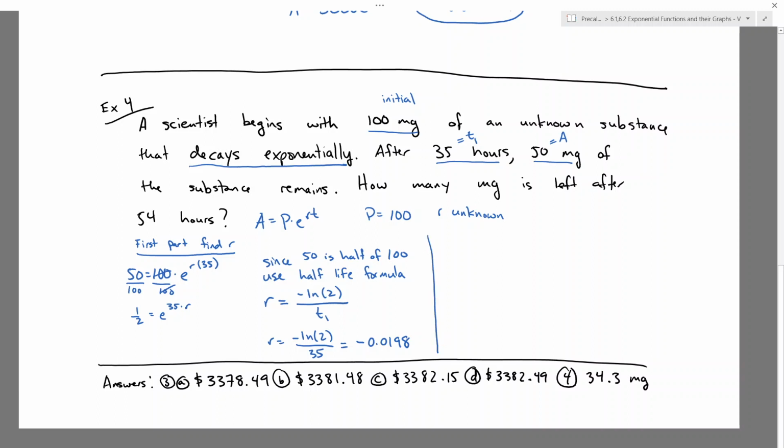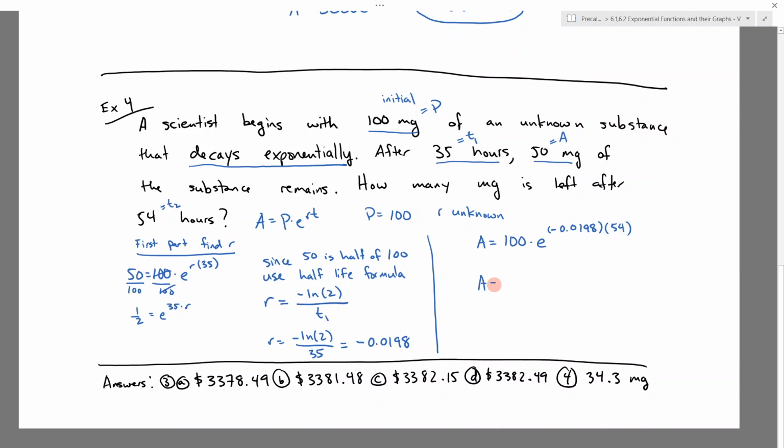Now I have to use that to calculate when the time is now 54 hours. So we use the formula again. So A is equal to P, the initial amount, which was 100. Right, so this is P times e to the r, which we now know is minus 0.0198, and then the new t is 54.